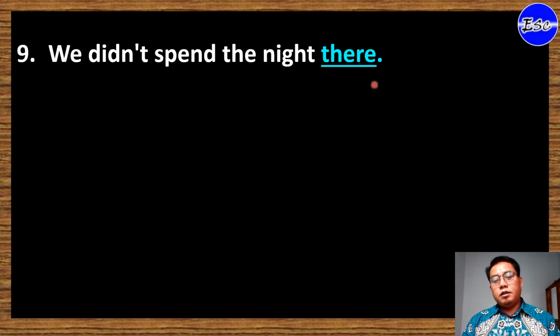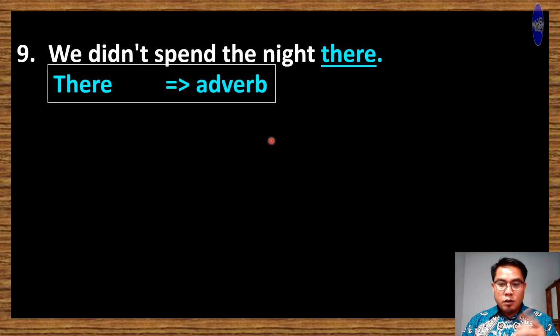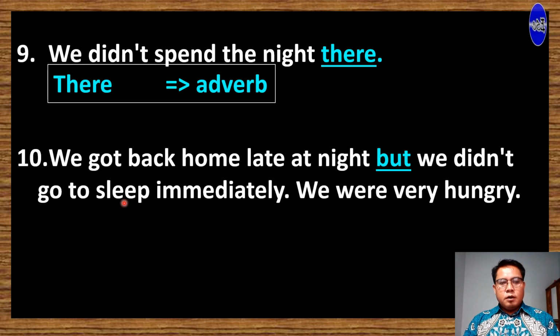Exactly, this is an adverb. When I say there, that is a kind of place. Place is also an adverb. And this is the last. We got back home late at night, but we didn't go to sleep immediately.